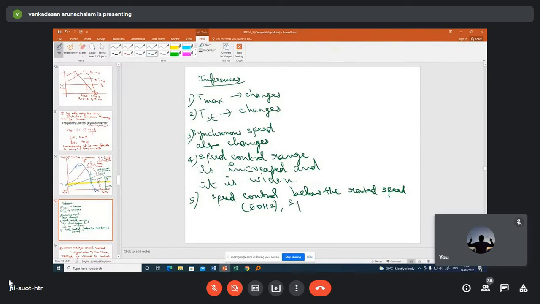And speed control above the rated speed, that is more than 50 Hz, are possible in frequency control.